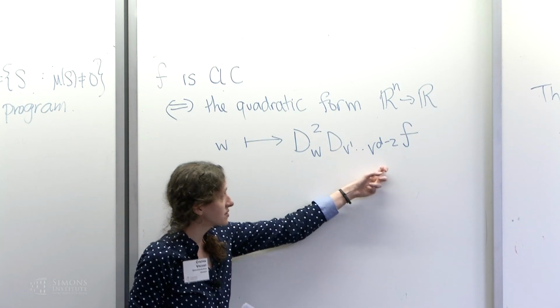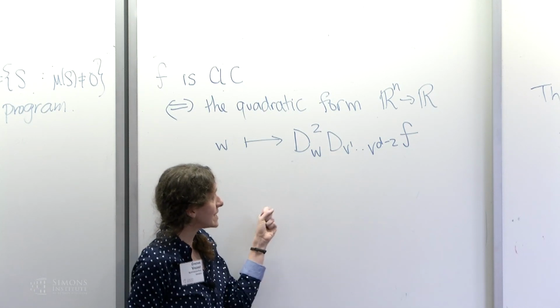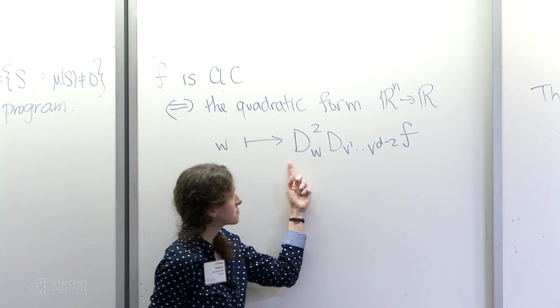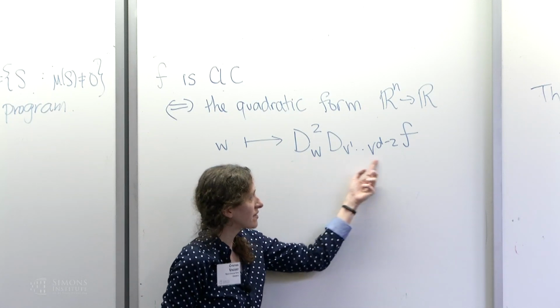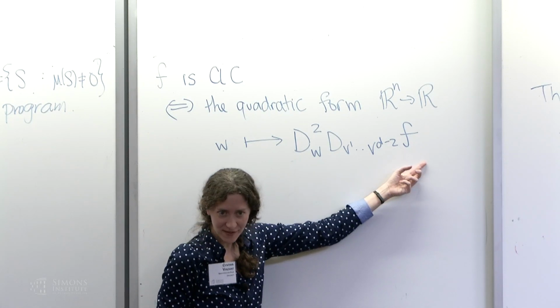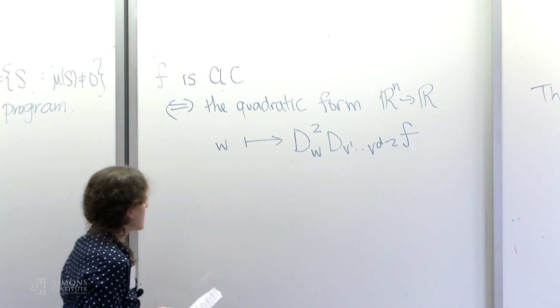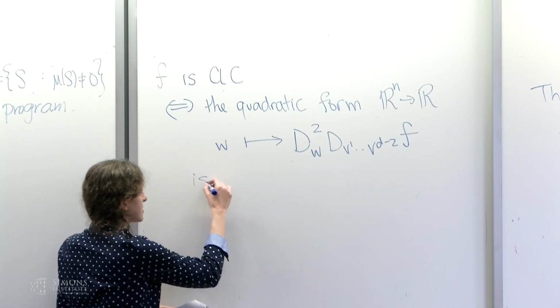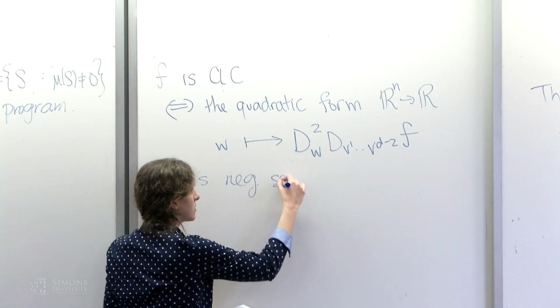If you pick some vectors, v1 through vd minus 1, this is a differential operator of degree d. This is a polynomial, homogeneous of degree d. This will spit out a number. This is negative semi-definite.